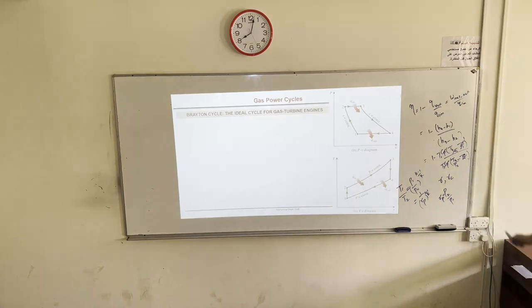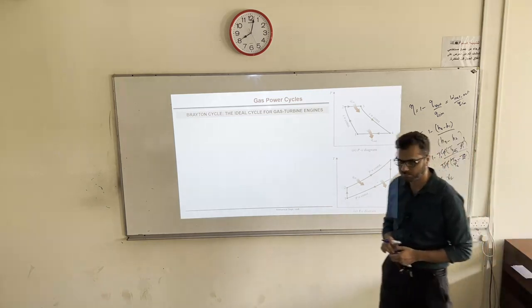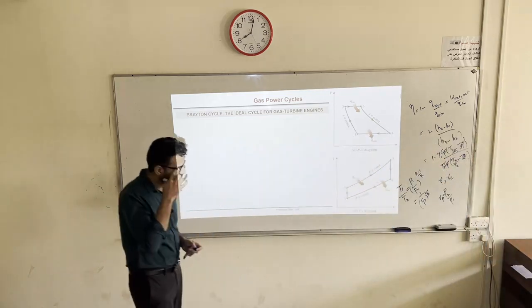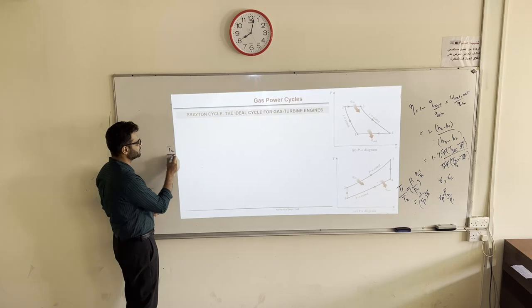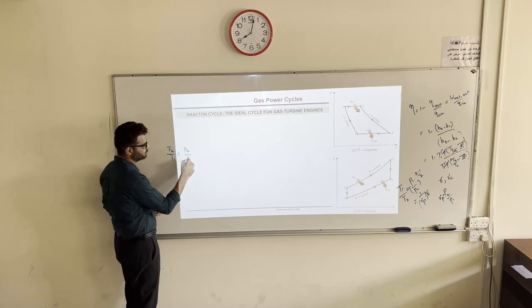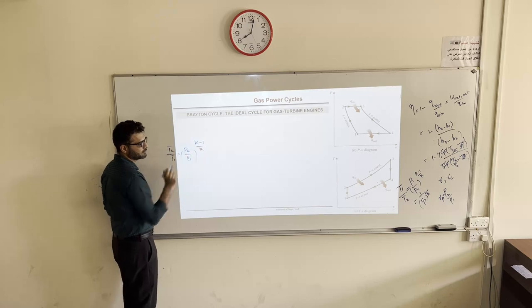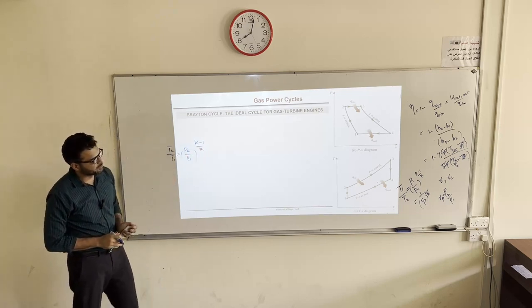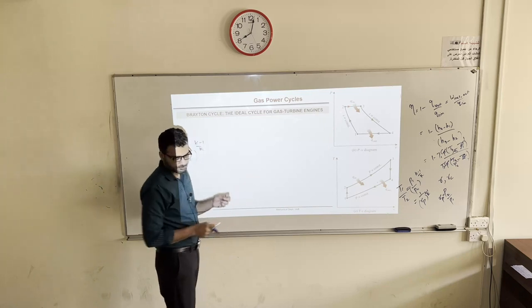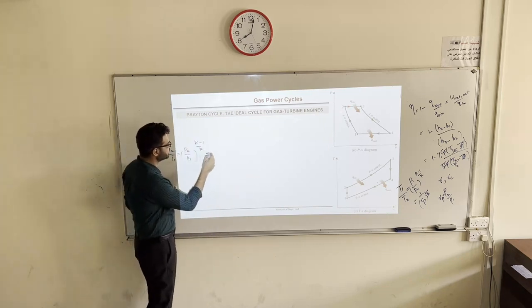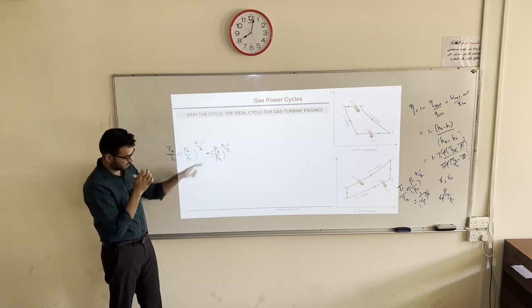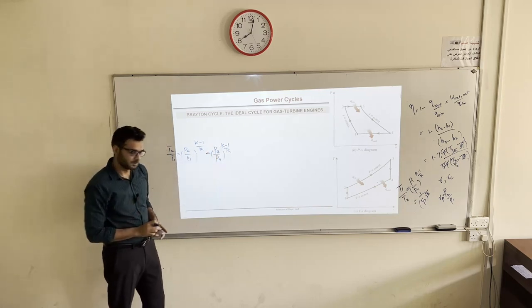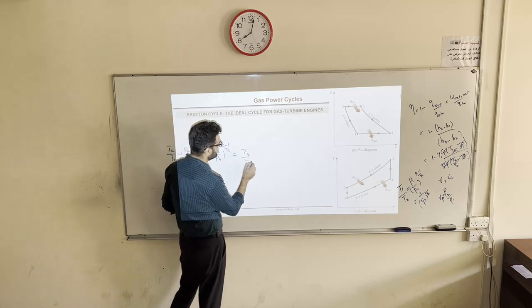Now what is left here? T4 over T1 and T3 over T2. What can we do with this one? Again, go to isentropic processes. For isentropic processes, T2 over T1 is equal to P2 over P1 to the power K minus 1 over K. P2 is equal to P3, the pressure during heating, and P1 is equal to P4. So this term is equal to this term. And the 3 to 4 process is isentropic, so the same can be written as T3 over T4.